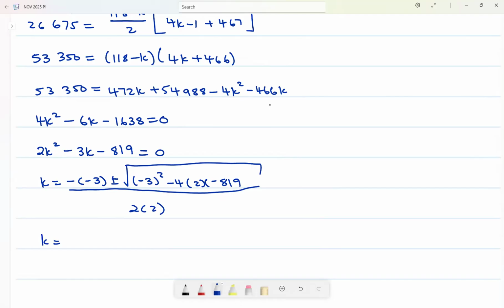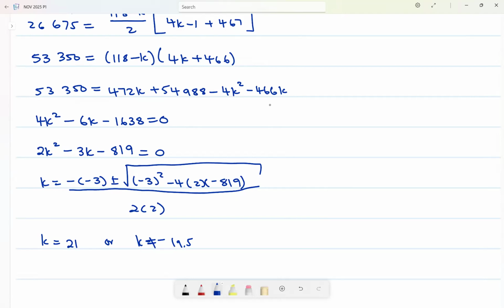Negative into negative 3 plus the square root of 9 minus 4 into 2 into negative 819, and then divided by 2 times 2. I get K is equal to 21, or K is equal to negative 19.5. But K cannot be negative, so K is equal to 21.